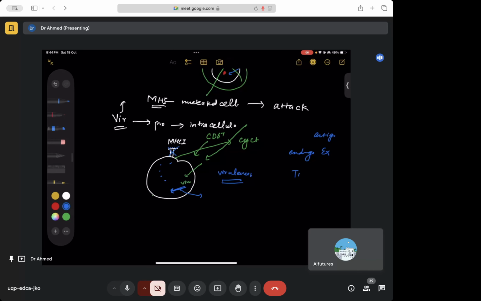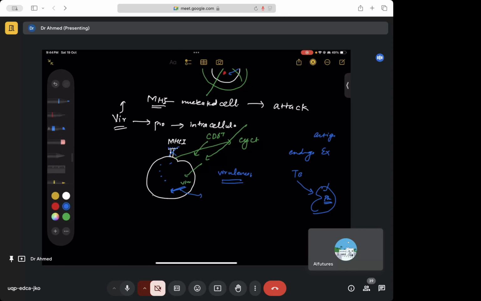For example, in TB we have discussed, they love to go inside your macrophages, right? Inside the macrophages, they disrupt the formation of phagolysosomes. They invade inside the cell. So viruses are also endogenous, right?